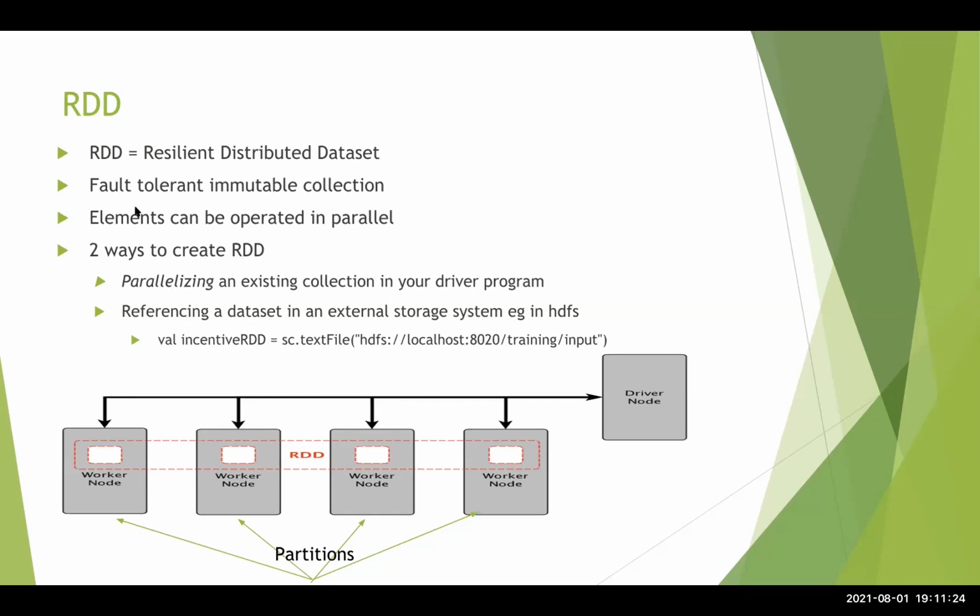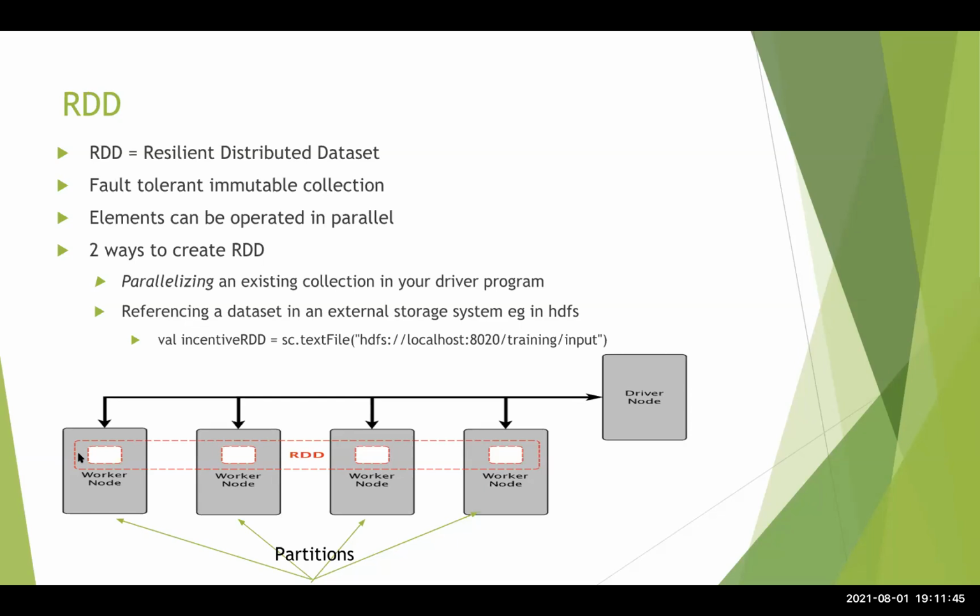Now, what is fault tolerant? Fault tolerant is basically if something goes wrong. One example could be if a worker node goes down, then there's a replica of this data stored elsewhere. So you don't have to worry about this, and the RDD will still have the data.